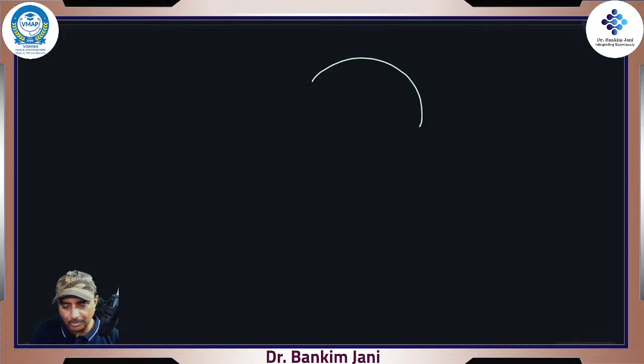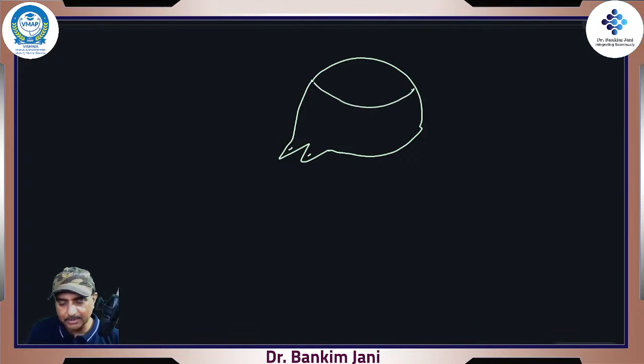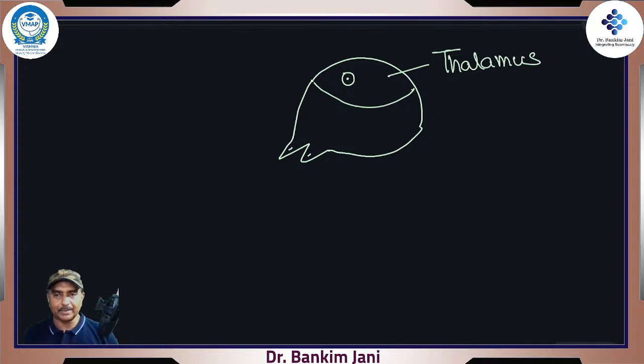So let's draw. See the diencephalon, you know that it's something like this. Optic recess, infundibular recess, then there is the optic chiasma, then the pituitary. All those things. But this is the biggest and the largest, and that's the thalamus. So this in between is the interthalamic adhesion.